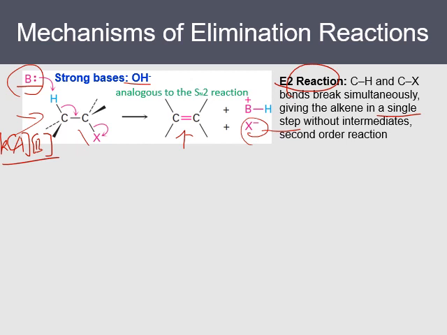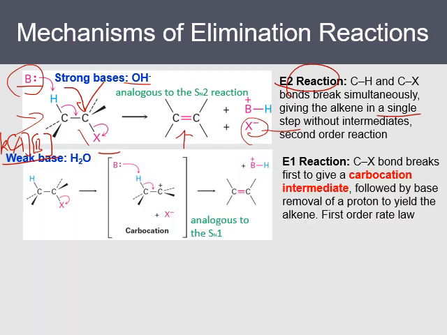This is analogous to the SN2 reaction, where a strong nucleophile attacks the carbon on the back of the halide, and the leaving group leaves. So again, it's a single step. Everything happens simultaneously through a transition state, second order reaction, and that's why it's called the SN2 reaction.